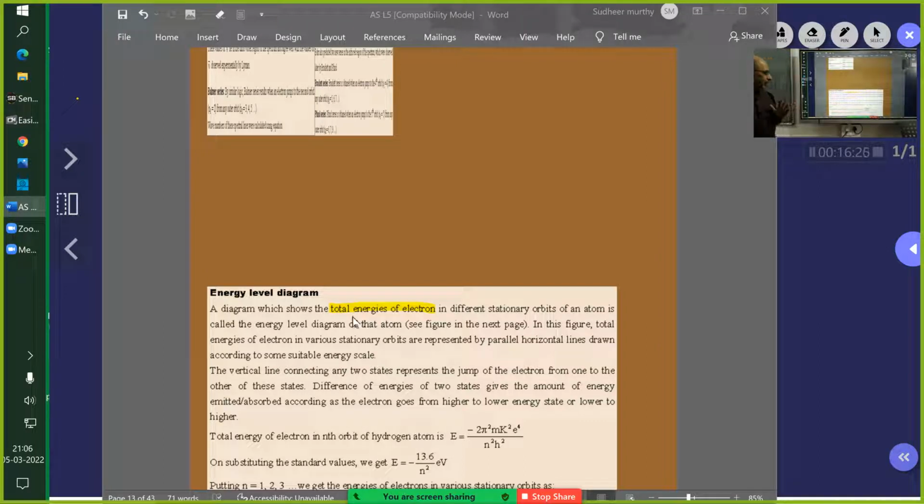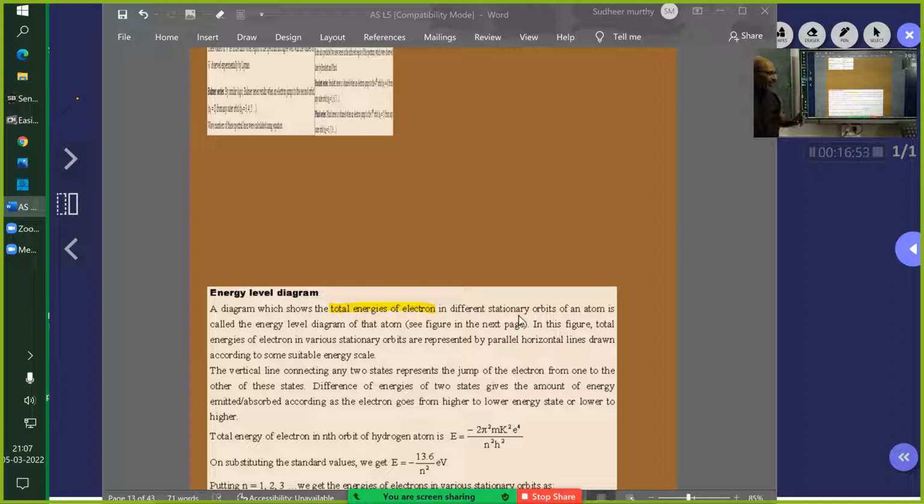That is why the word total energy is to be used, and keep using the word stationary orbits. Why do we use the word stationary orbits? Because in those orbits the electrons are moving, and even though they are accelerating, they are not radiating energy. That is why the concept of stationary orbits is used.